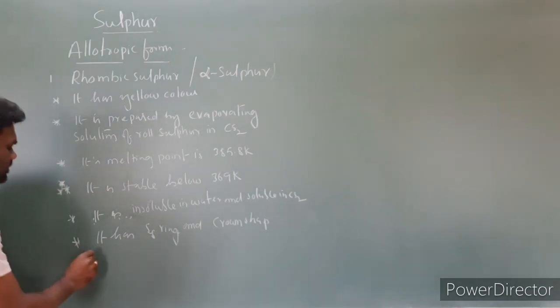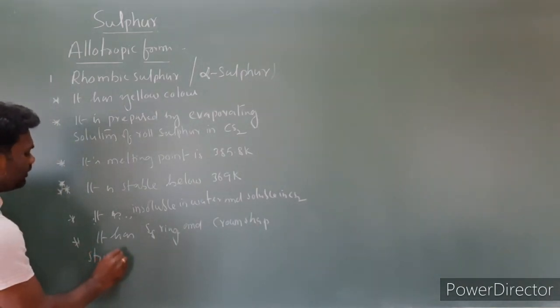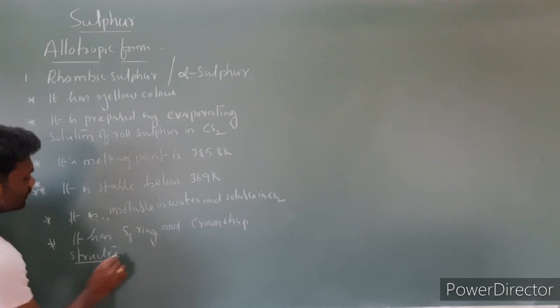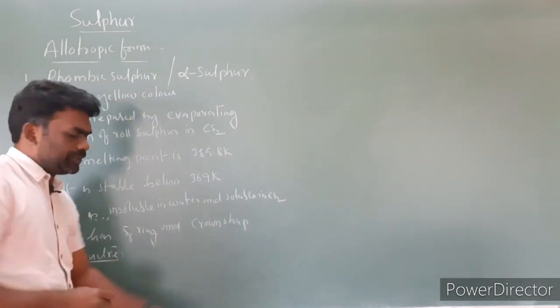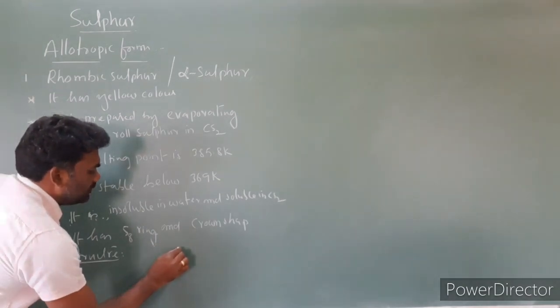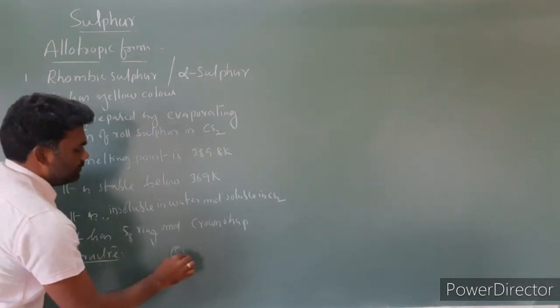Now let us draw the structure of rhombic sulfur. It has an S8 ring and a crown shape. So I am drawing the structure of rhombic sulfur.